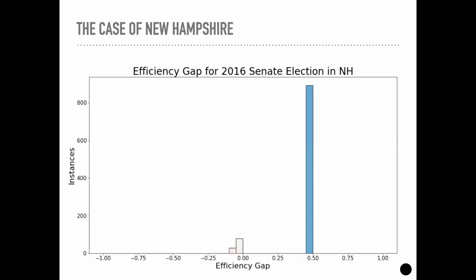Unfortunately, with only 2 districts in New Hampshire, and often both having a majority for one candidate, like a 53% majority, most of our histograms tend to look like this. So one place where you could help is to come up with a metric that we could put on the x-axis of our histogram that would work for a state with only 2 districts.